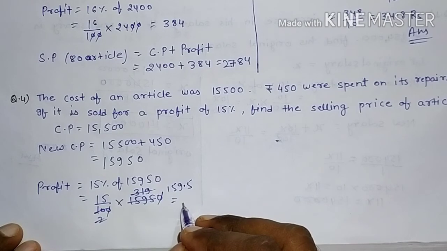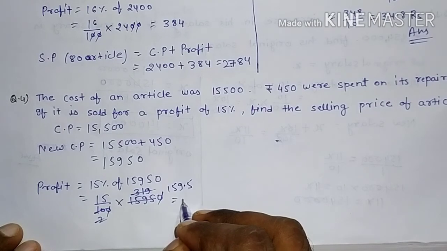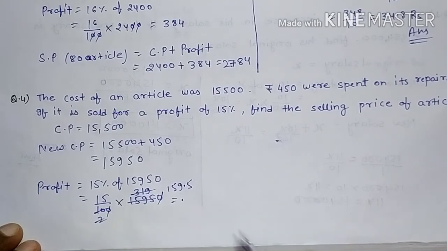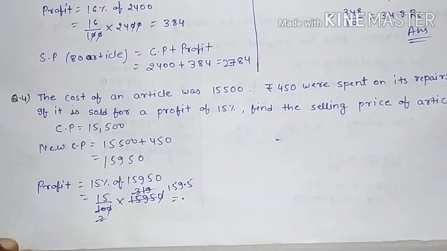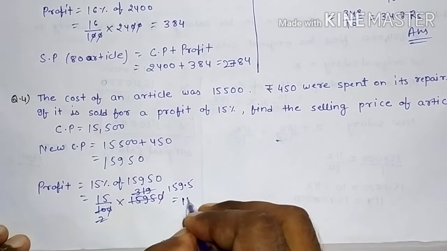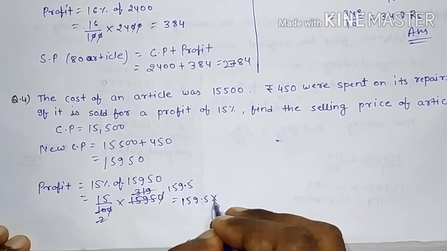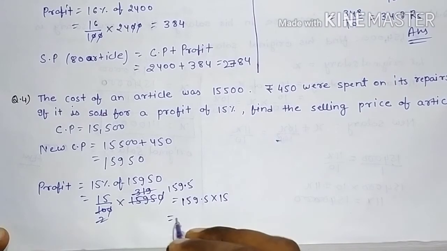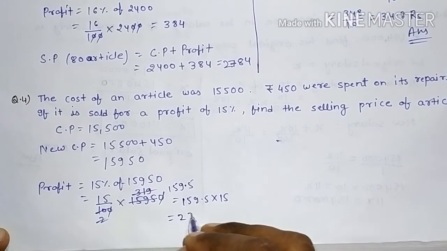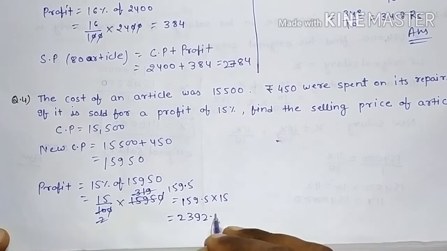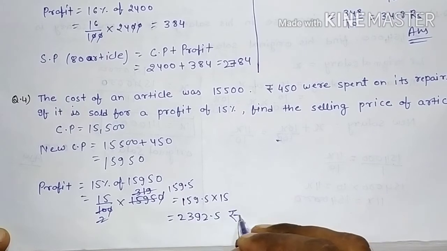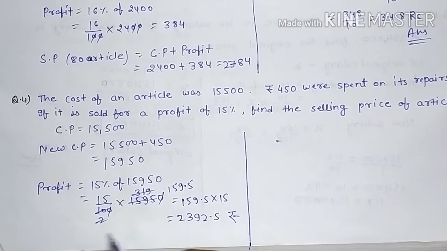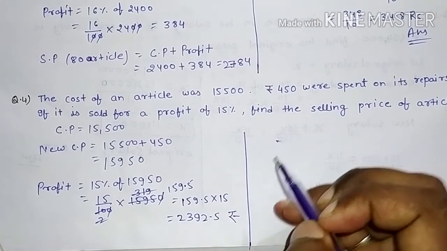So 15 into 159.5 multiplied by 15. So this equals 2392.5 rupees. So the profit is 2,392.5 rupees. So we have to find the selling price.